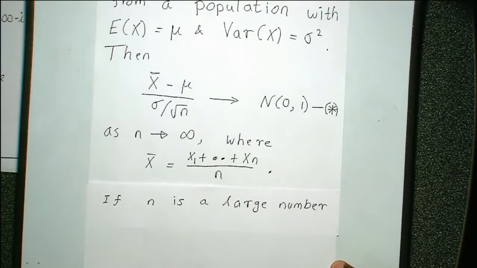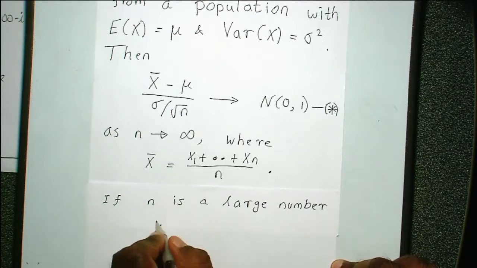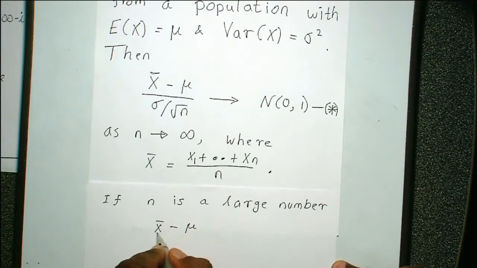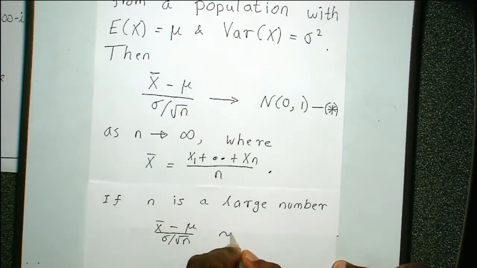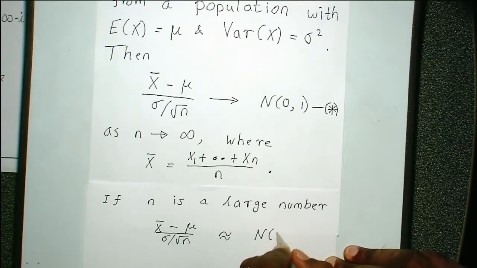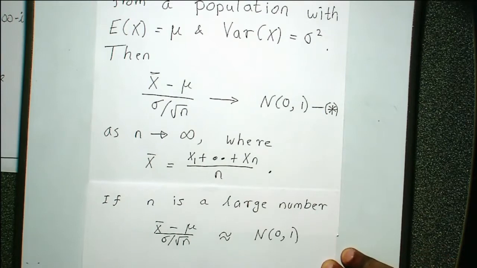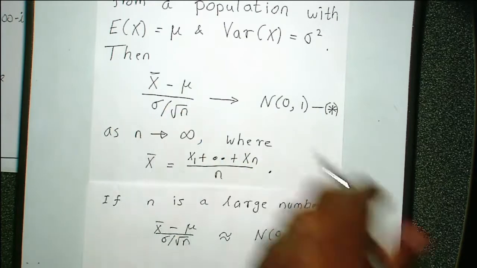So we can say (X bar minus mu) divided by sigma over root n has an approximate distribution which is standard normal. If n is, let's say, 100 or 1,000 or a million, then it's reasonable to approximate this by this.